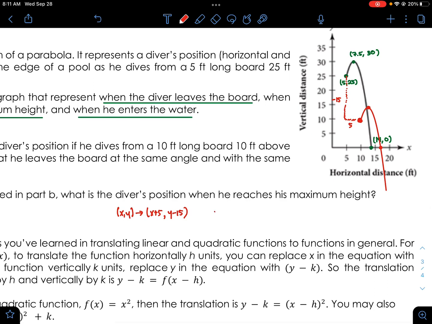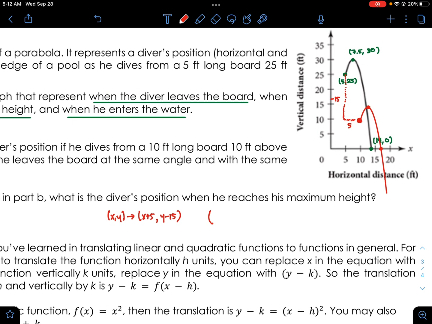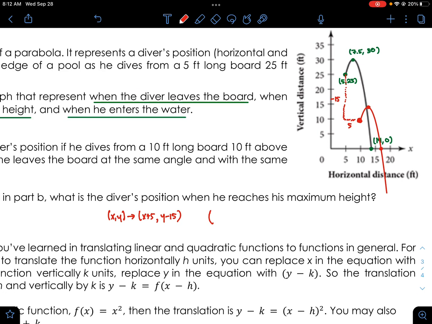his new position would be, we want a maximum height at x = 7.5, so he'd have 7.5 plus 5, that'd be 12.5, so he's going to be 12.5 feet out from the board when he reaches his height. And then we go down 15, so he's going to be at 15 feet above the water.